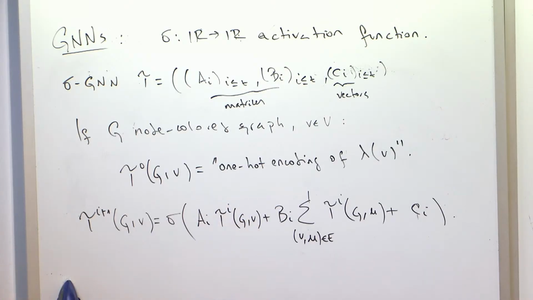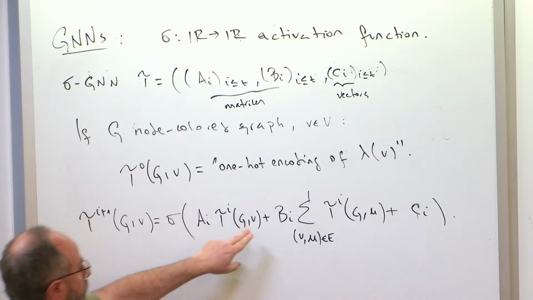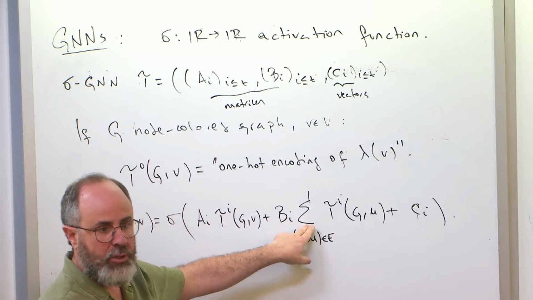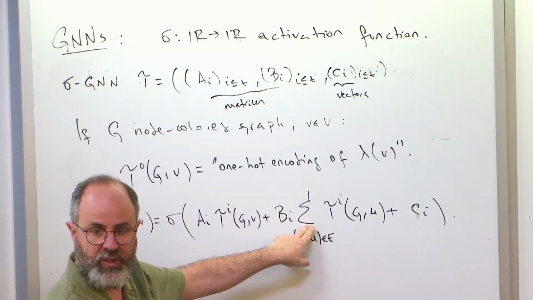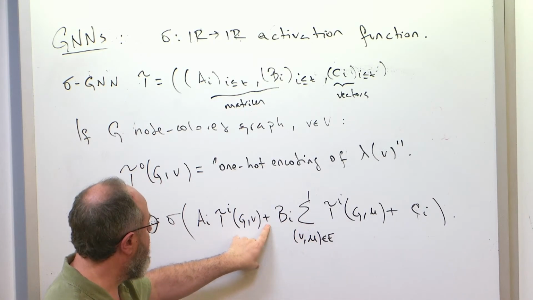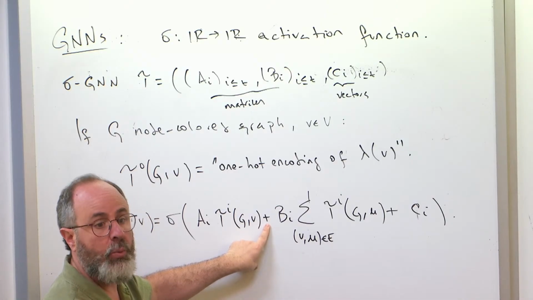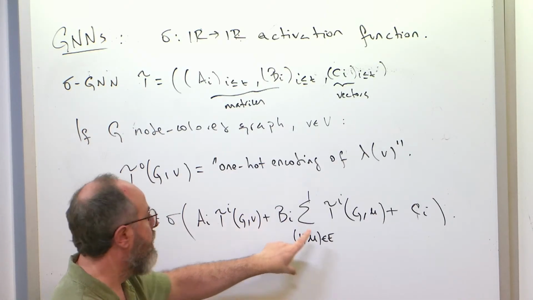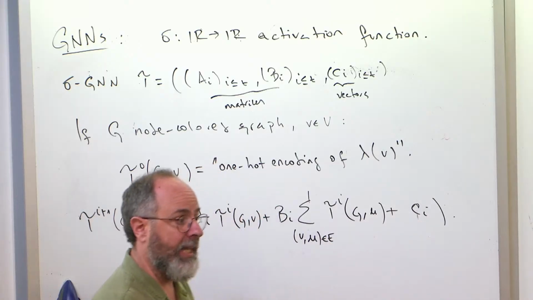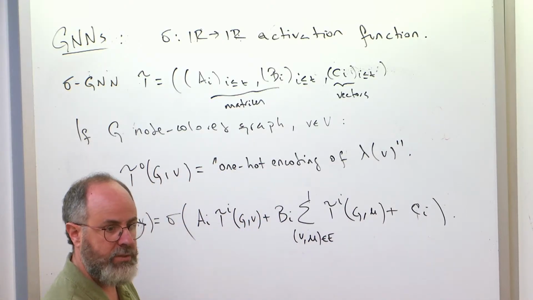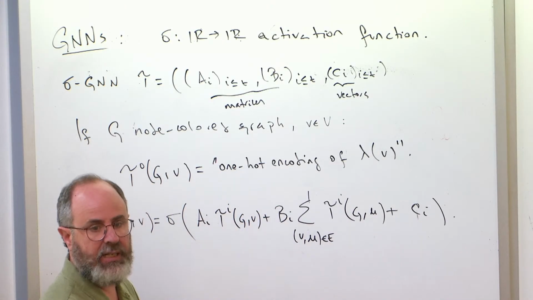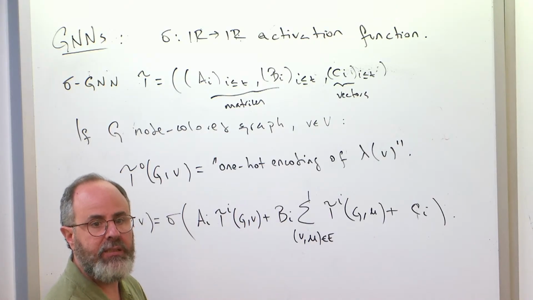So what is important here? We use our activation function sigma. What do we use as aggregation? We use the sum. What do we use as combination? We use the sum, but we allow for a bias. So this is the GNN architecture that we will be considering in these results.